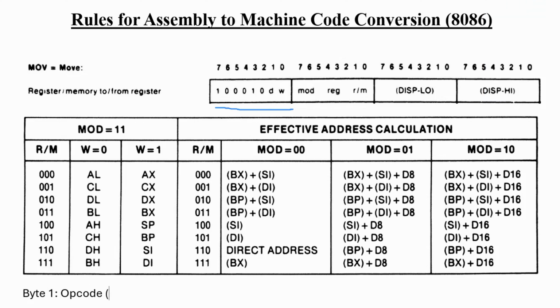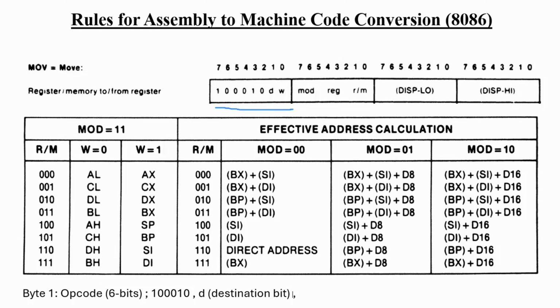In this format, it is equal to 6 bits, and if you look closely, it is 100010. The next thing in the first byte is the D bit. D bit is also known as the destination bit. I'm going to explain how you can decide this destination bit, but it is equal to 1 bit.